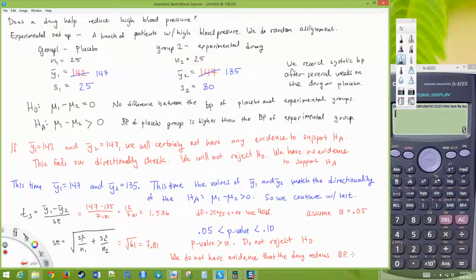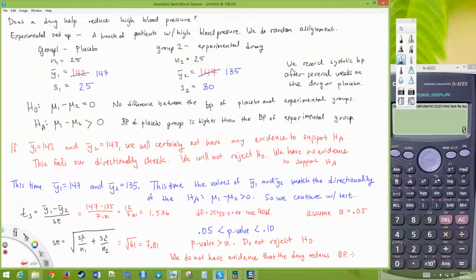And that is not enough evidence to say that the drug reduces blood pressure. So we have to say we do not have evidence that the drug reduces blood pressure, but do not say that the drug is completely ineffective, or that the drug doesn't work or has an effect of 0.